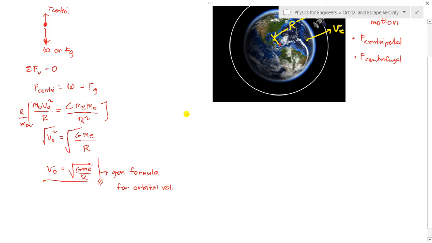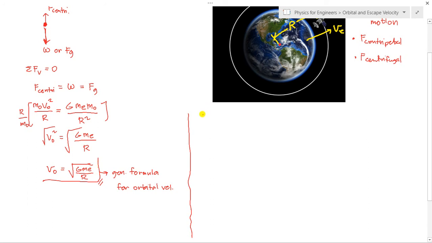However, there are some cases where it is unknown, or let's say you don't know the universal gravitational constant or the mass of a celestial body. So what will you do? You can also derive another set of parameters to substitute for our G ME.